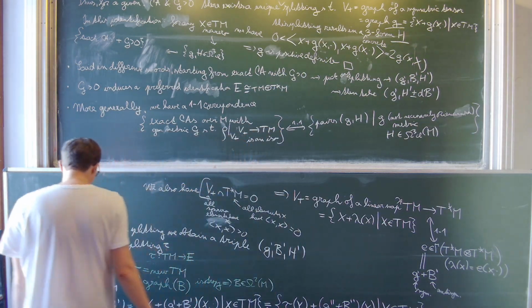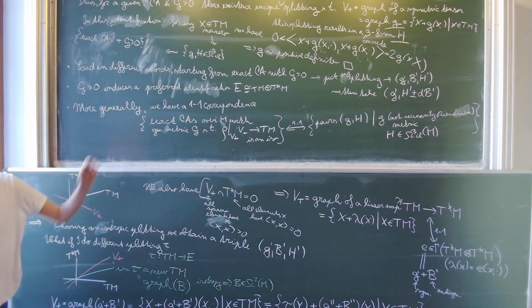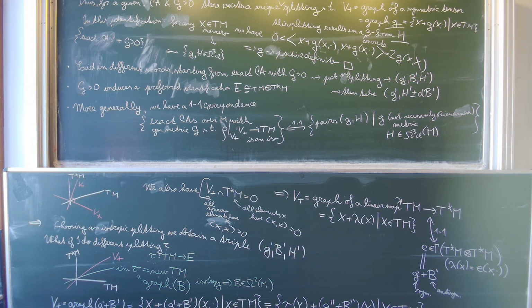Okay, is it roughly clear why I can generalize this? Yes, please, good question. I'm sorry if this was said before. So different choices of splitting for the Courant algebroid give you different B forms.